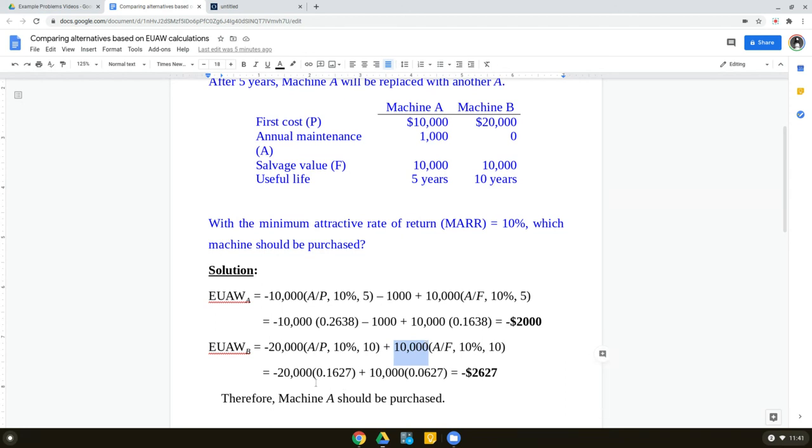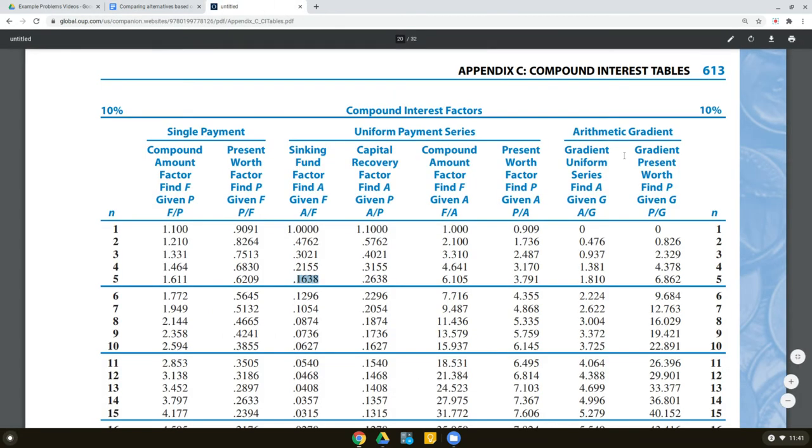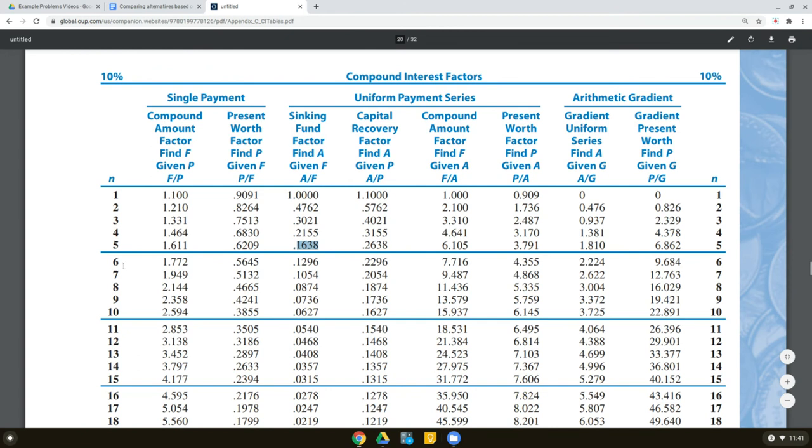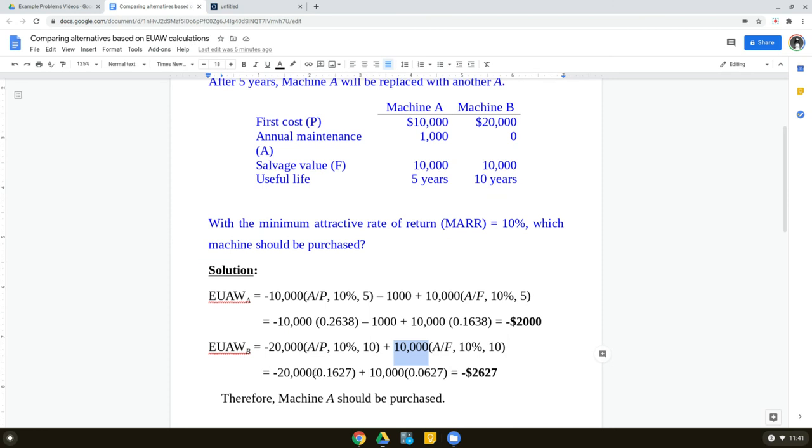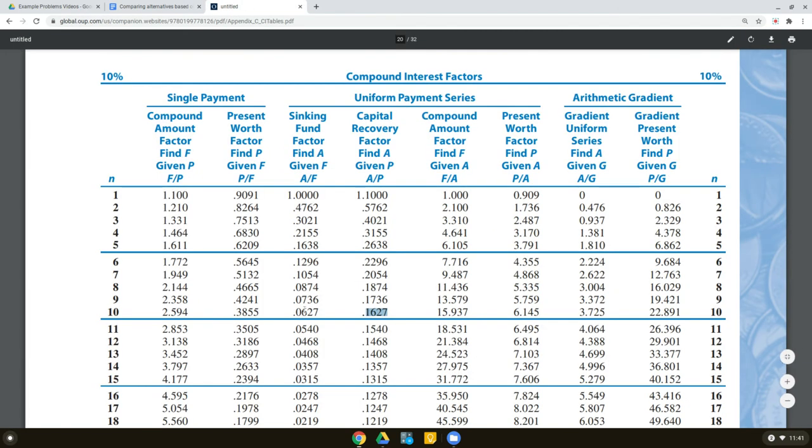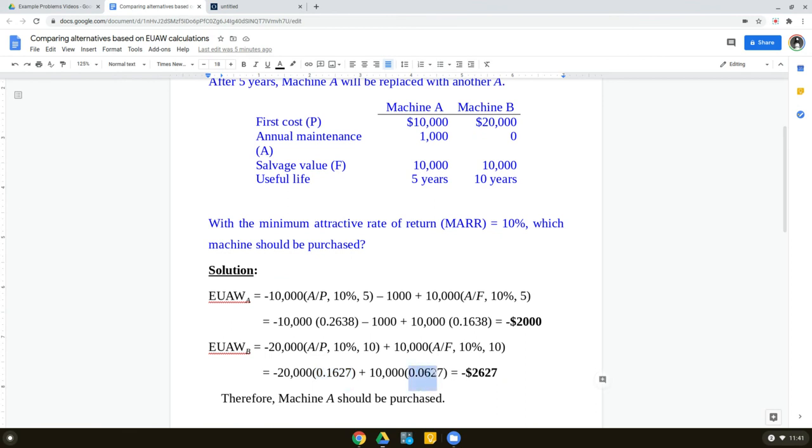Now the interest rate is the same, so same table, but we need to look at row number 10 to get the A given P and A given F values. So I'm looking at row number 10 now. A given P is 0.1627, and A given F is 0.0627.